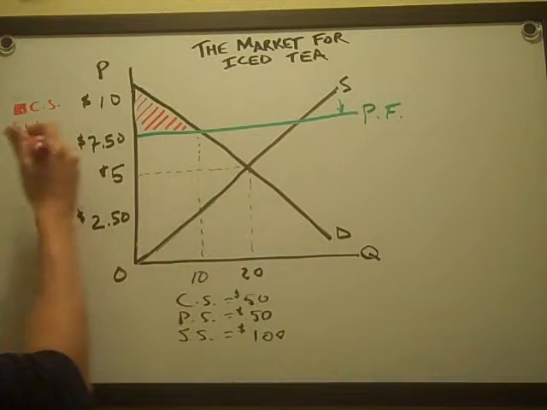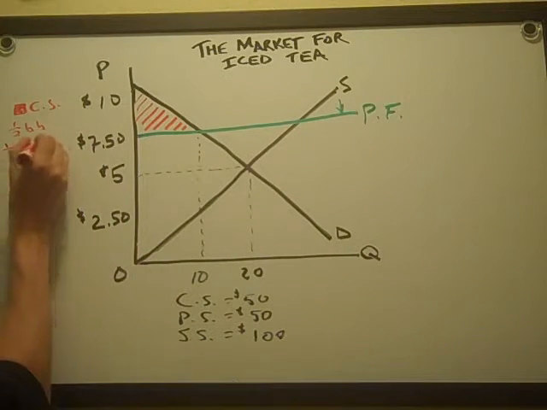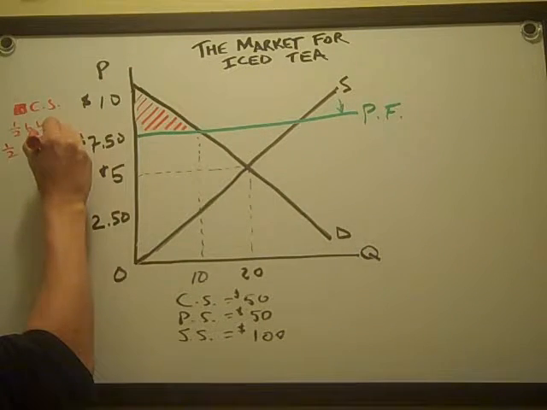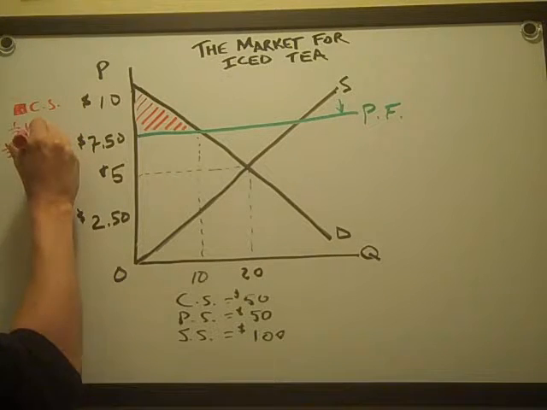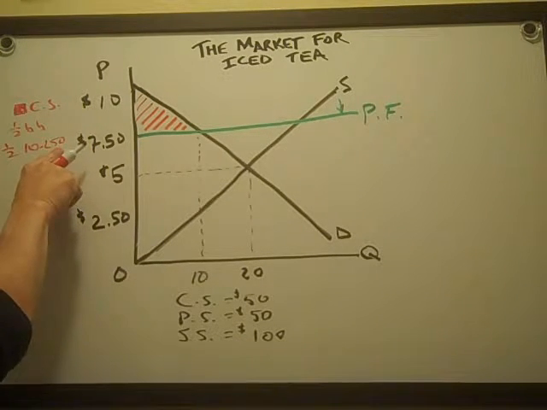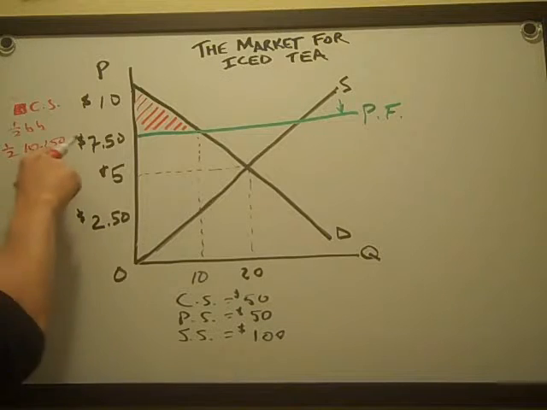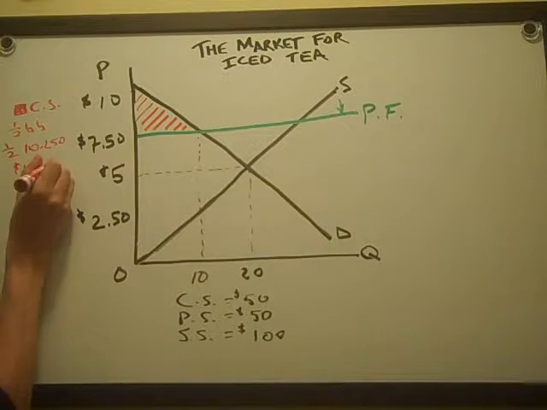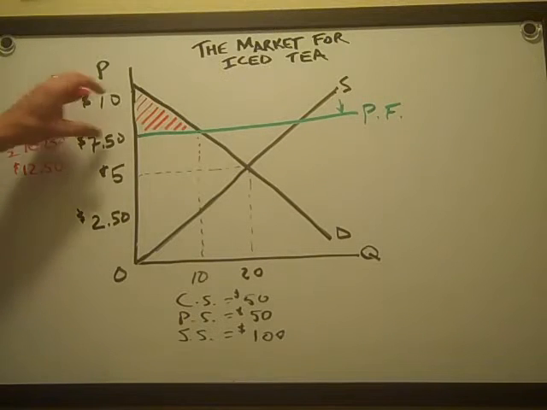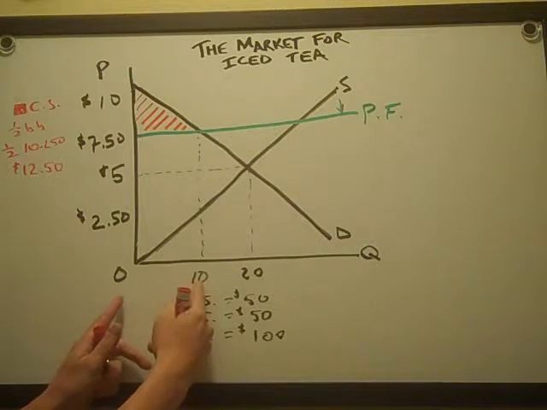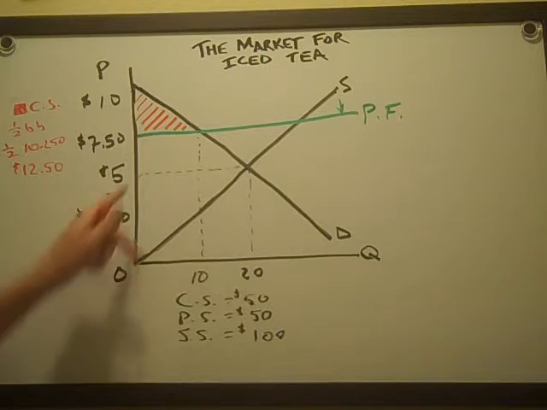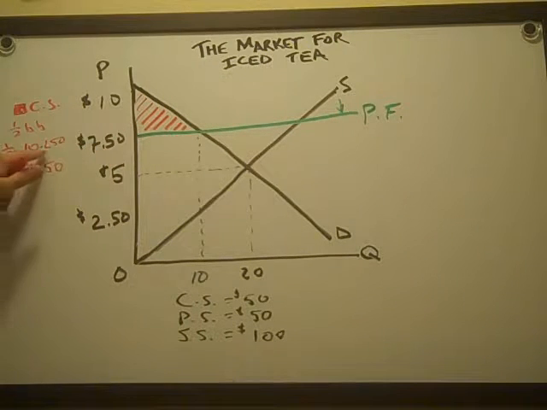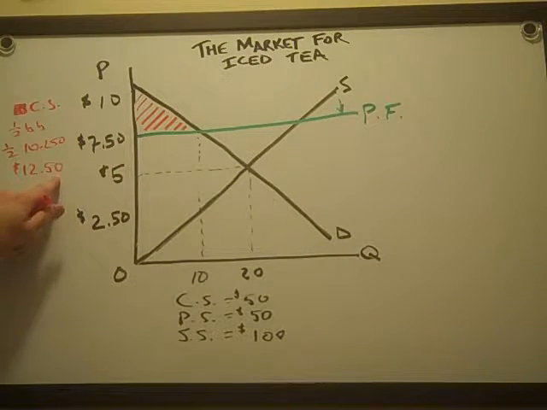So it's 1/2 times 10, and that is $2.50. So 10 times $2.50, well, that's $25, but you got to multiply it by half. So consumer surplus is now $12.50, right? $2.50 times 10 units, that's $25, cut in half because it's a triangle. So half times 10 times 2.50 is $12.50.